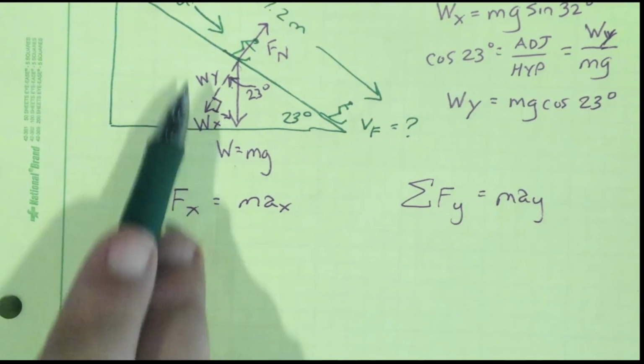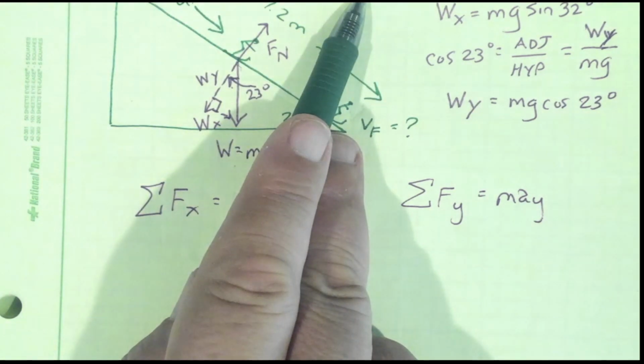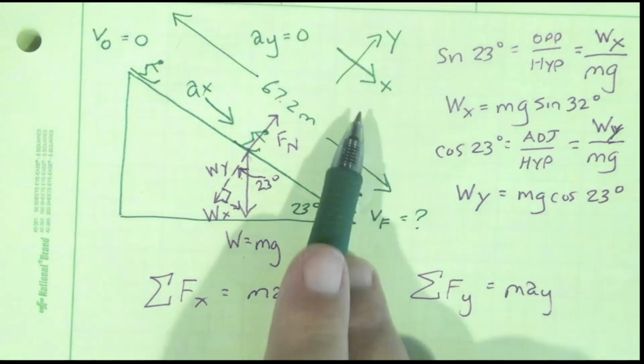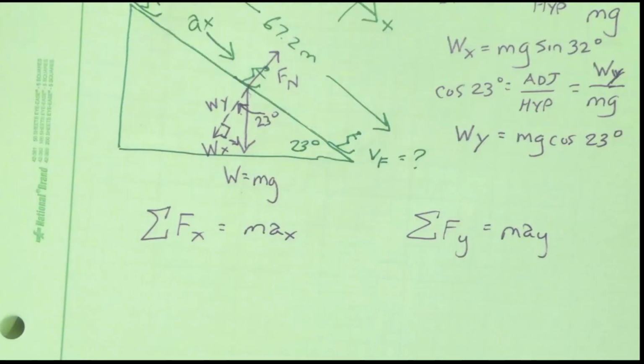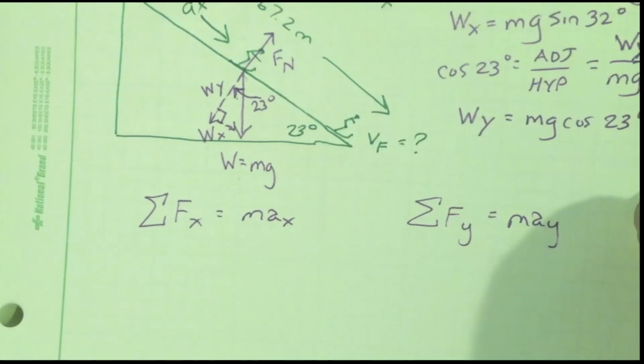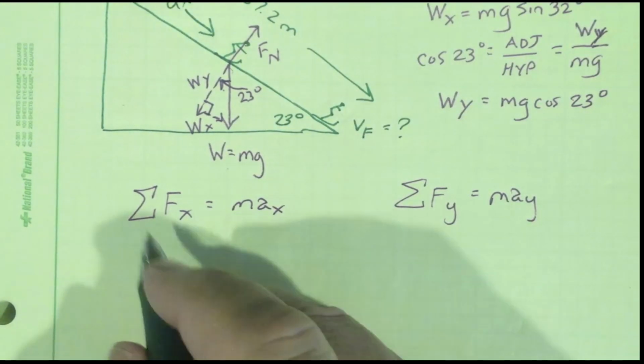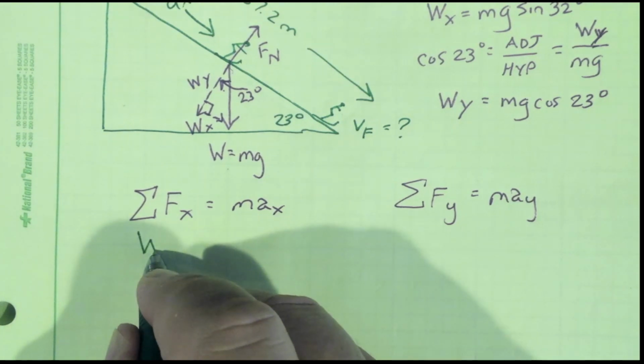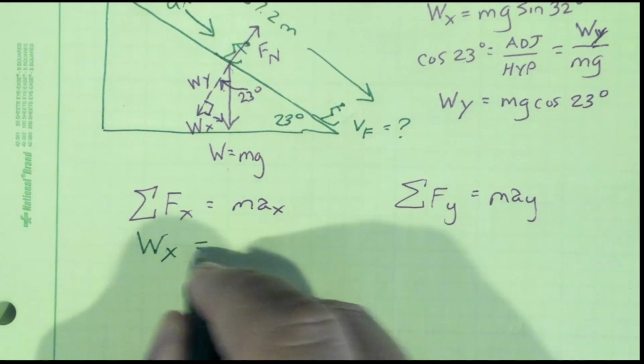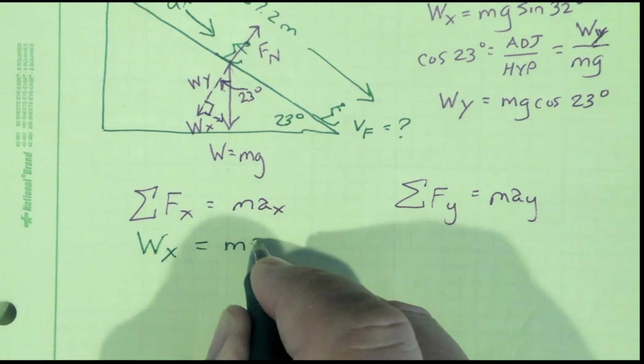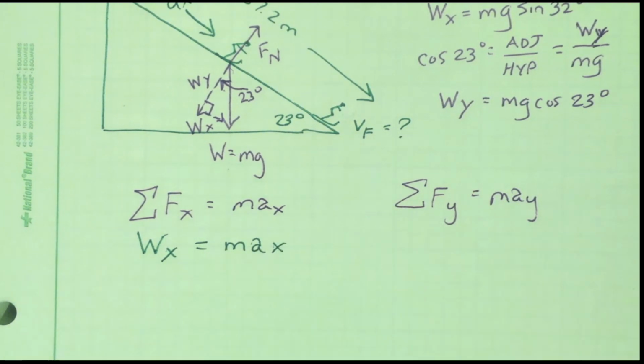Now Wx is down the slope, which we have called the positive x direction. And so we can say here that the sum of the forces in the x direction is simply Wx, and that's going to be equal to the mass times the acceleration in the x direction.